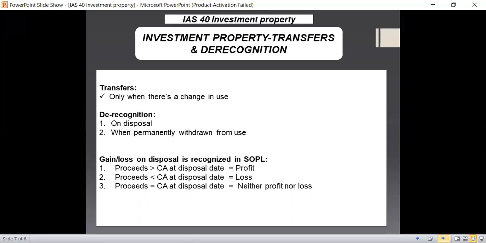When on the disposal of the investment property there is a gain or loss arising, we have to recognize it in our statement of profit or loss. How are we going to determine the gain or loss on the disposal? We have to compare the net proceeds which we receive on the disposal to the carrying amount of the investment property at the disposal date. If the net proceeds are more than the carrying amount at the disposal date, it is a profit and we have to credit it in our statement of profit or loss.